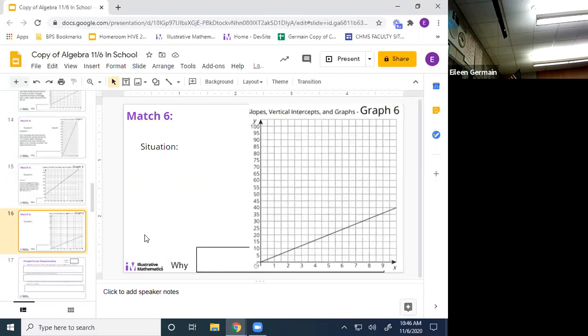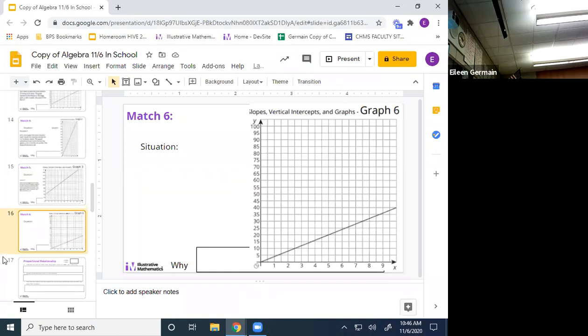Not all equations, but most equations are going to cross that y-axis. It has to go through a certain spot on the y-axis. Where? It goes through y equals 0, which is the origin. Very good. It has to go through the origin to be considered proportional.